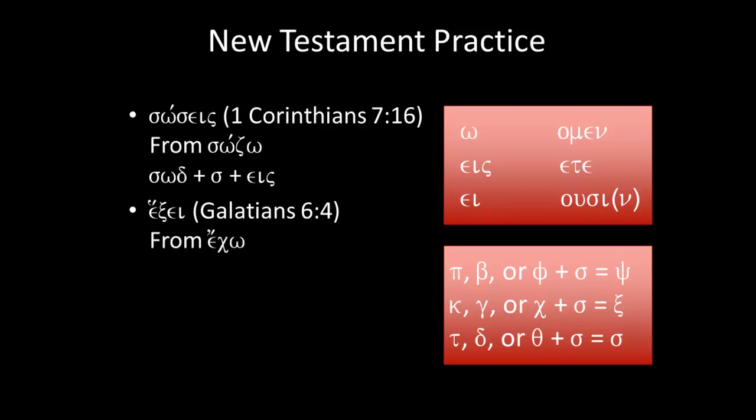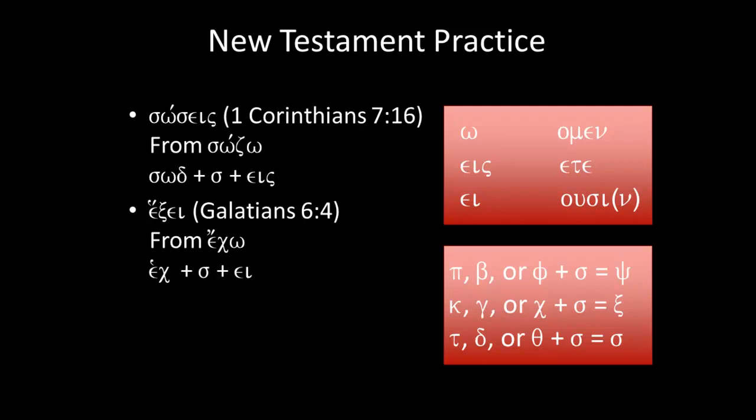Well, the verb itself is echo. Remember that the verb stem is hek, that rough breathing mark plus the kappa. So when the kappa and the sigma join together, they form xi. So this is why we have hexe.